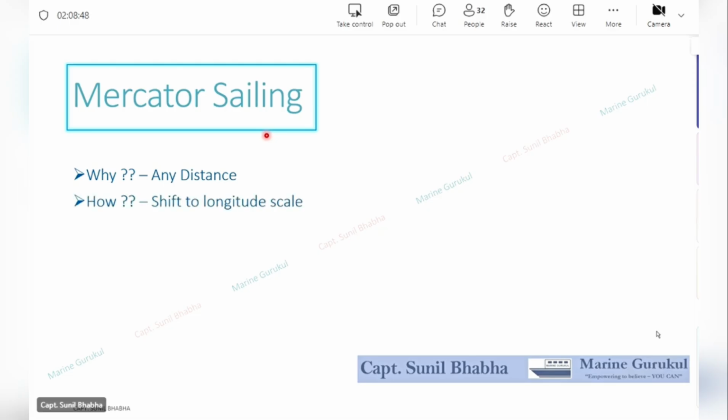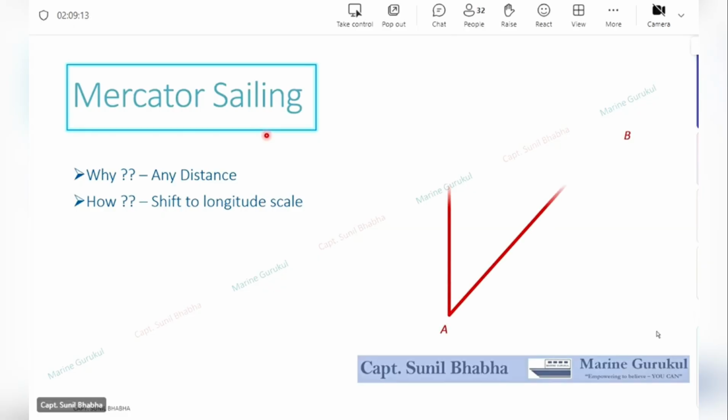Now, a very simple way to understand Mercator sailing is that when we are making a Mercator sailing triangle or diagram, we convert to the longitude scale on the Mercator chart. By converting to the longitude scale, we are able to obtain the required accuracy. Let us try to understand it using a diagram.